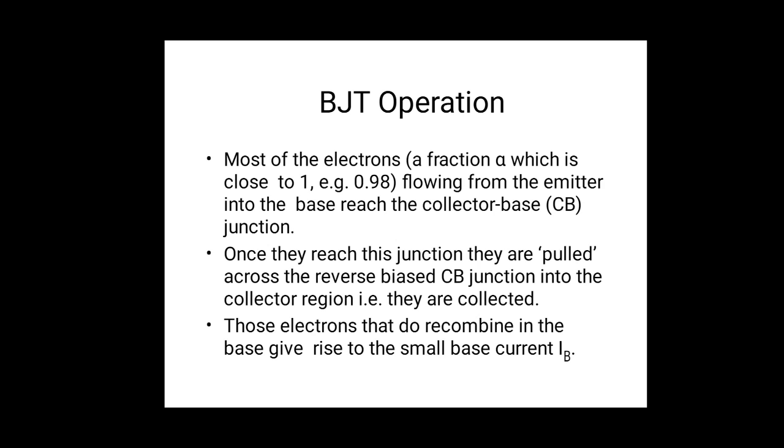Once they reach this junction, they are pulled across the reverse biased CB junction into the collector region and collected. Those electrons that do recombine in the base give rise to a small base current.